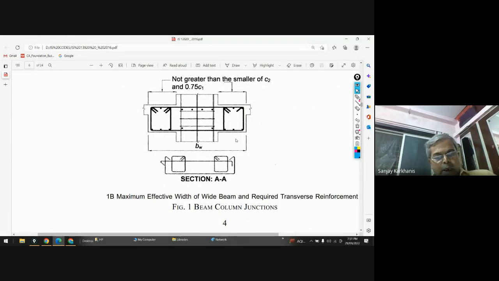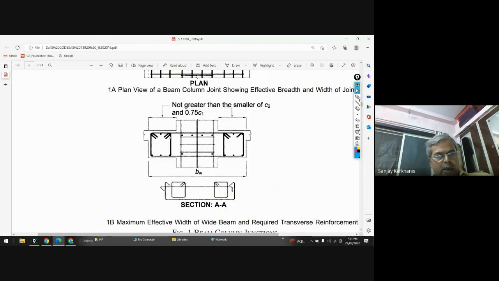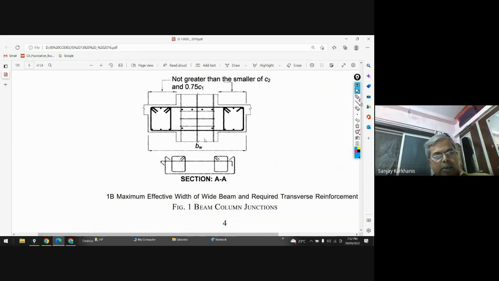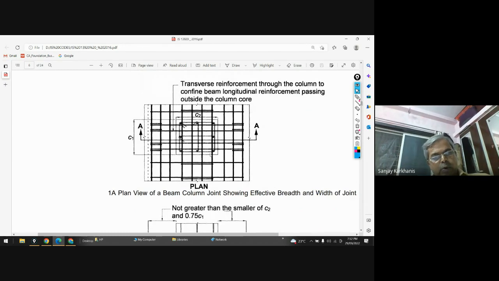Now on this side and on this side, you can increase the width of the beam in such a manner that the increased portion on the left as well as on the right side shall not be greater than the smaller of C2 and 0.75 C1. Clear? Clear, sir. And in that case, you have to provide reinforcement in the beam.